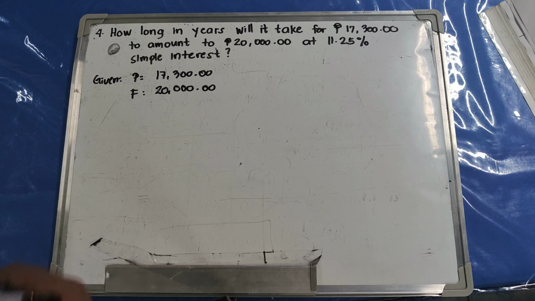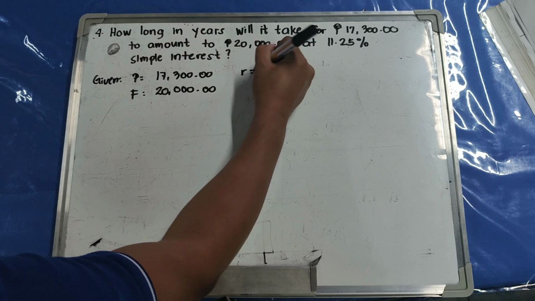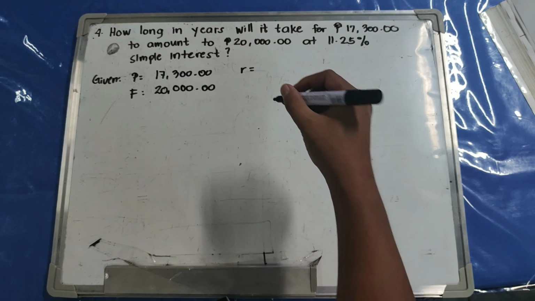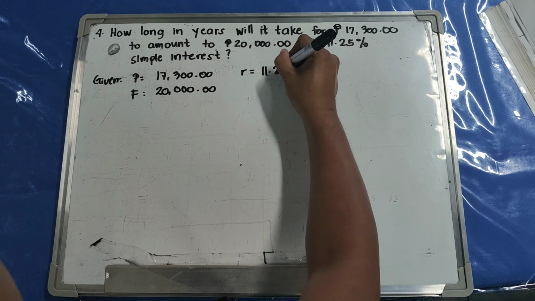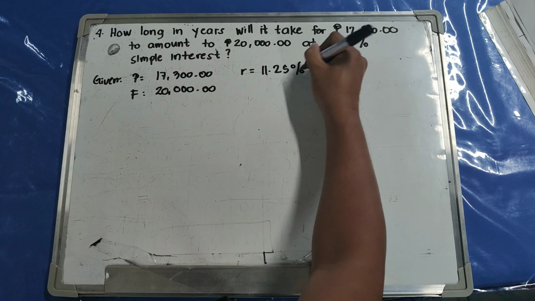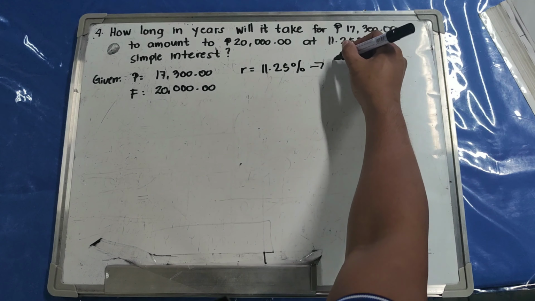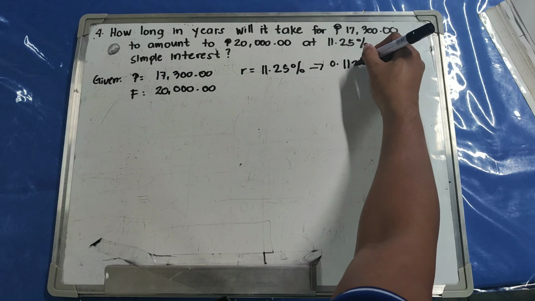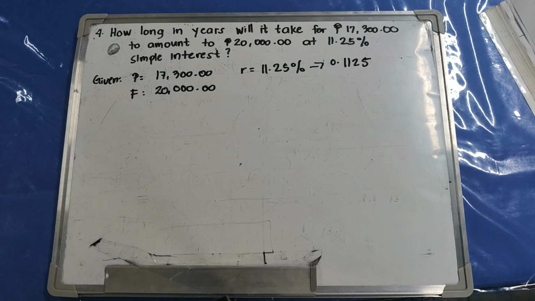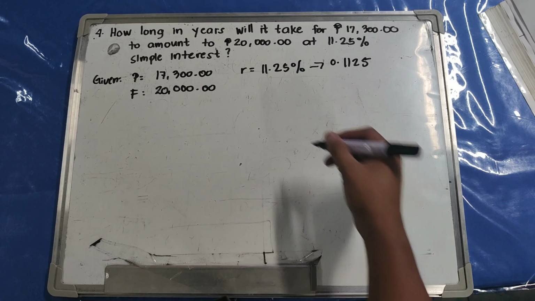And our rate is 11.25%. So again, that is still in percent form. You have to convert it into decimal. In converting to decimal, divide it by 100. So do not be confused, use a calculator. 11.25% divided by 100 is equal to 0.1125. And our time is unknown.